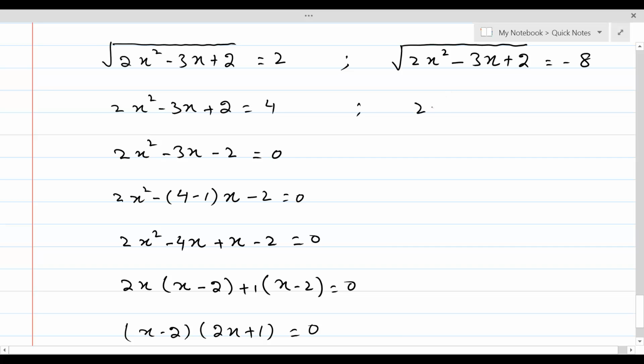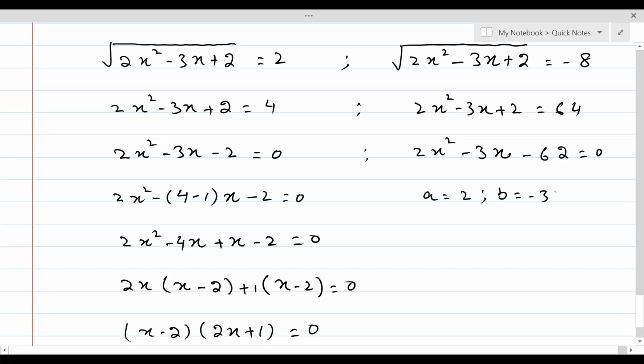Here we have 2x square minus 3x plus 2 equal to 64 if we are taking square on both sides. So this will give us 2x square minus 3x minus 62 equal to 0. Here a is equal to 2, b is equal to minus 3, and c is equal to minus 62. And we can use the values of a, b, and c in the quadratic formula.